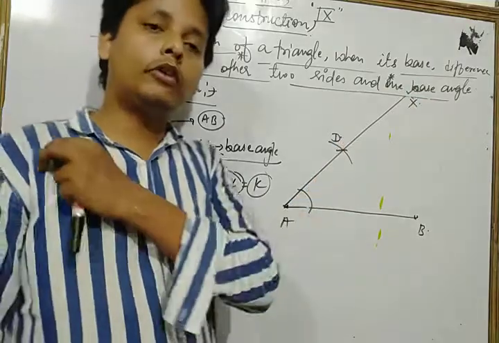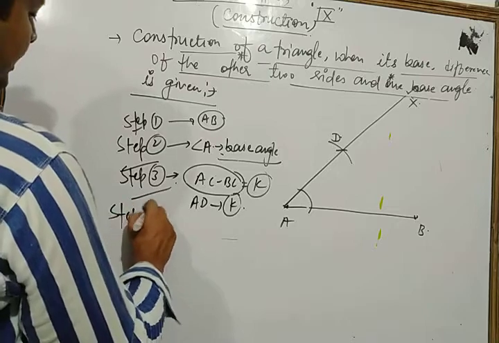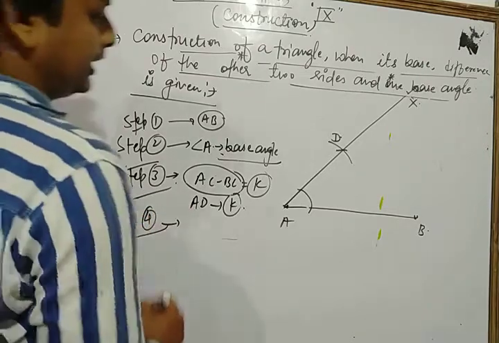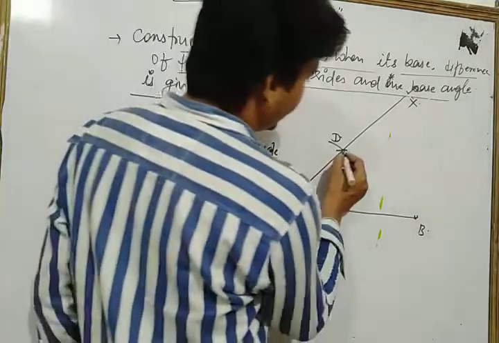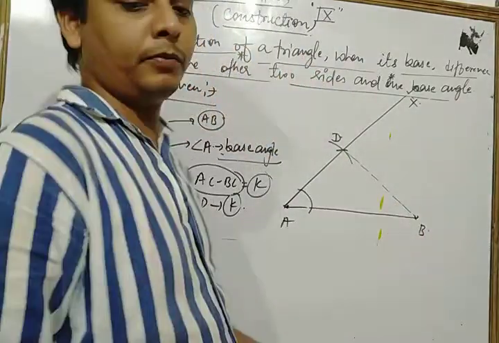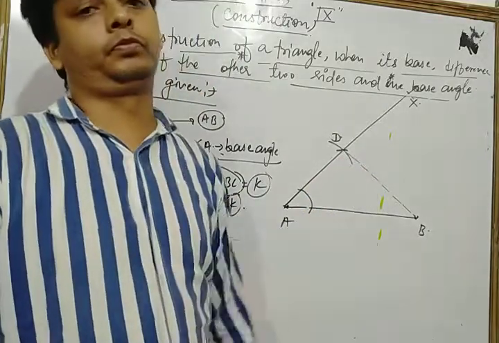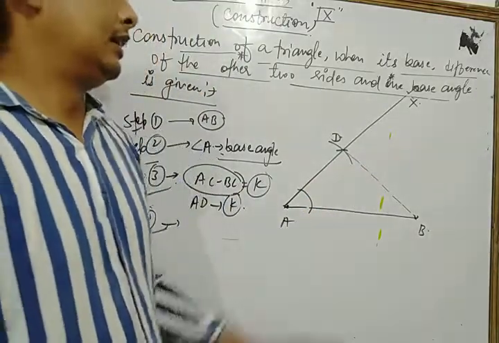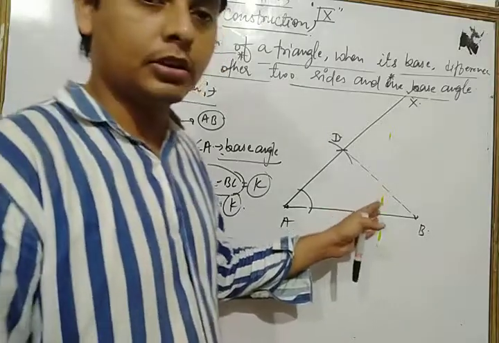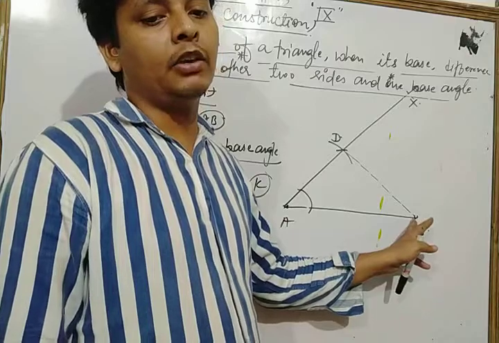Now after that, in the fourth step, we join BD. Now after that, we draw the perpendicular bisector of BD.